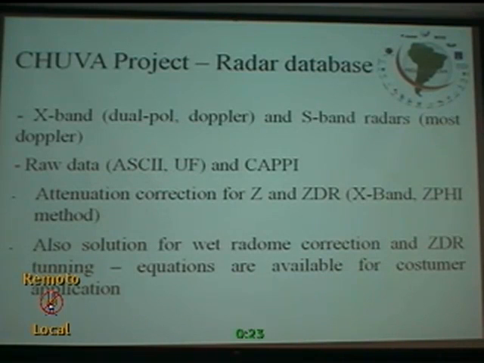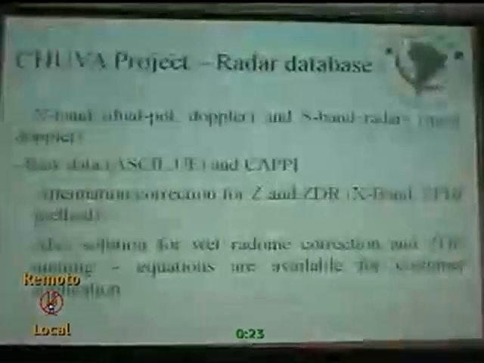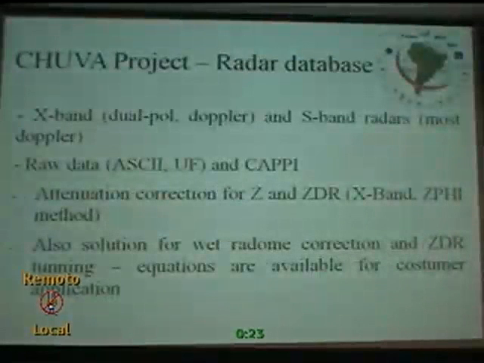In terms of levels, level 1 is the data with the correction for attenuation from the ZPhi method. And as Luis told yesterday, for some experiments we have the coefficients for the wet radome correction and the ZDR.